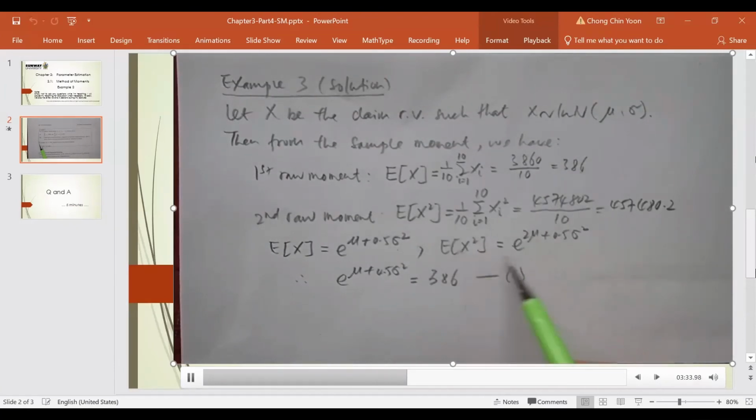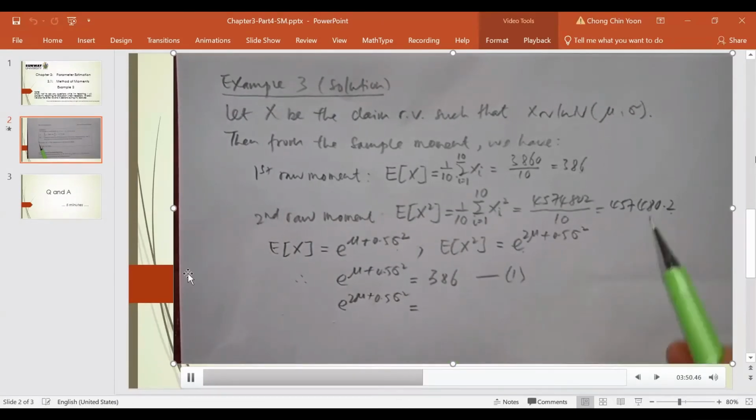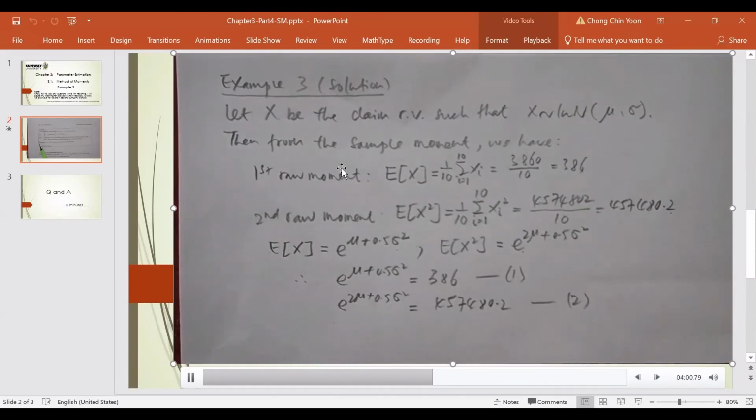And the second raw moment, this result, which is equal to this. Then I will have e to the power of 2 mu plus 2 sigma squared, which is equal to this result, that is 457,480.2. So I name this the second equation.